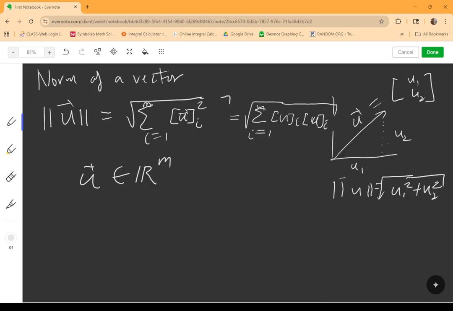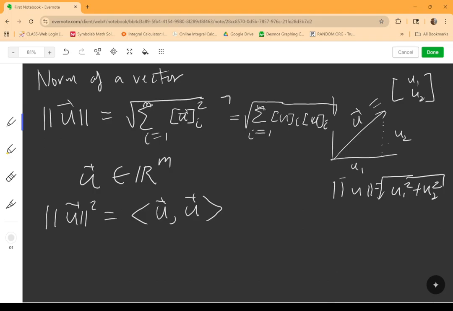That is just the dot product of the vector u with itself. So we can define the norm squared to be the inner product of u with the vector u itself.